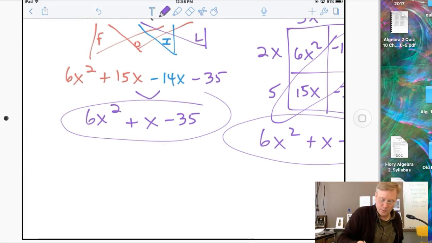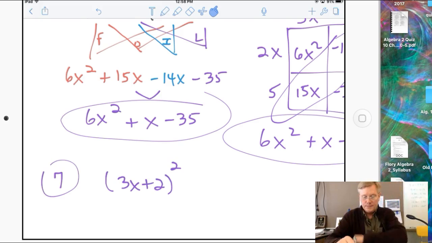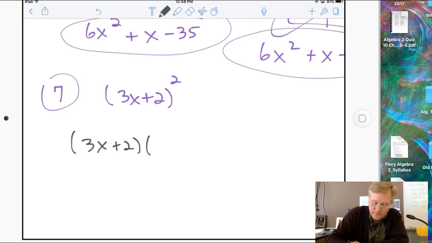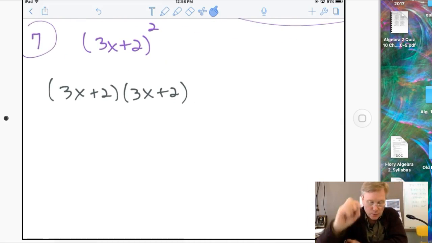Number 7 is this, 3x plus 2 squared. So you could do it a couple ways. If you just remember that this is really 3x plus 2 times 3x plus 2, all right? You'd think it would be 9x plus 4, but it's not. In this case, I could foil it out, or I could show you that shortcut where you square the front term. 3 times 3 is 9.